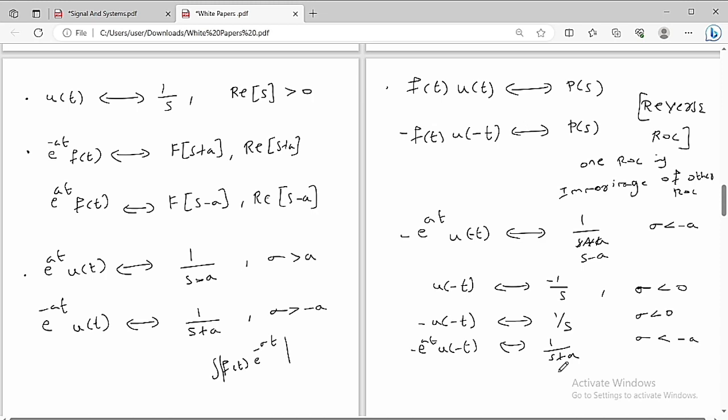Now I will multiply by e to the power of at for this function. E to the power of at means s becomes s minus a, as I already told you.